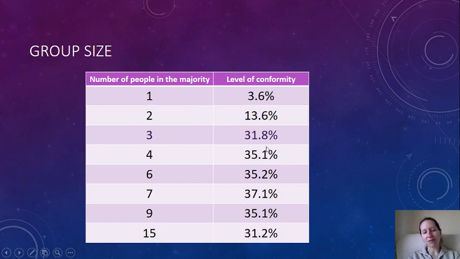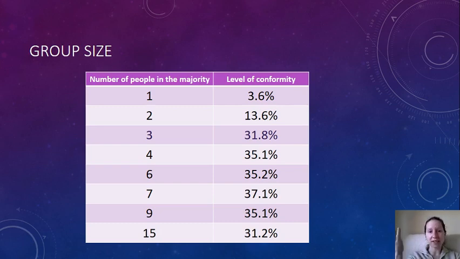Basically it's all around the mid-30s after that, until it drops back down at 15, but that's where the really big difference happens. So that's what Asch is suggesting, that for conformity the optimum number is 3 people, and after that it doesn't make that much of a difference whether you add a couple of people or take a couple of people away. It's that optimum number 3 that matters.